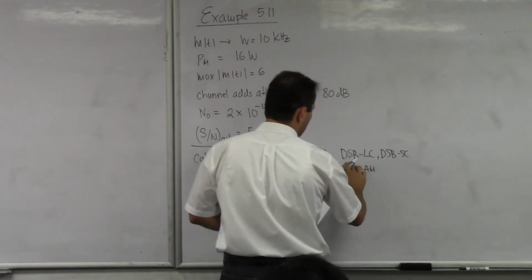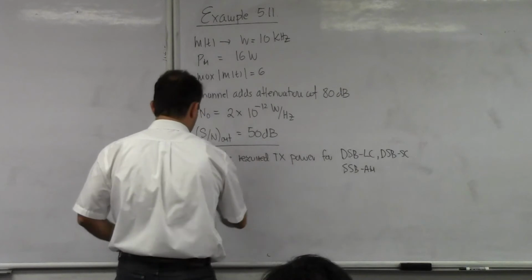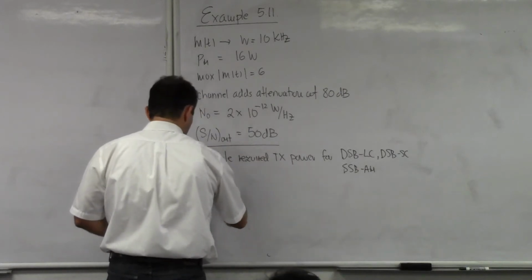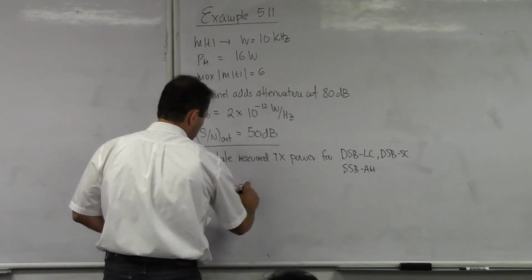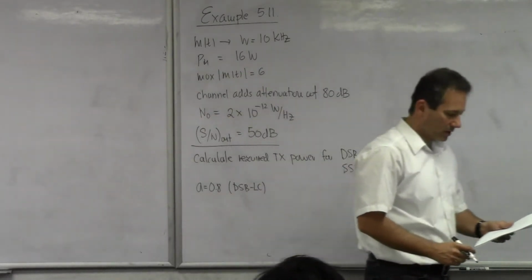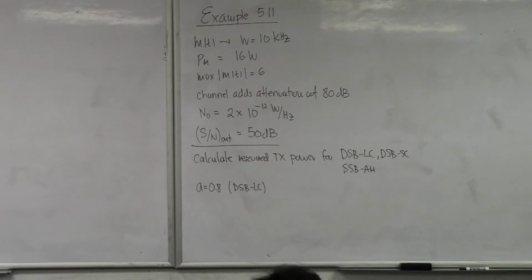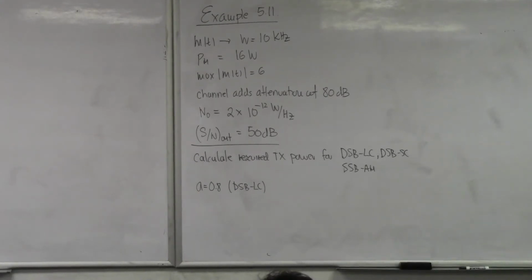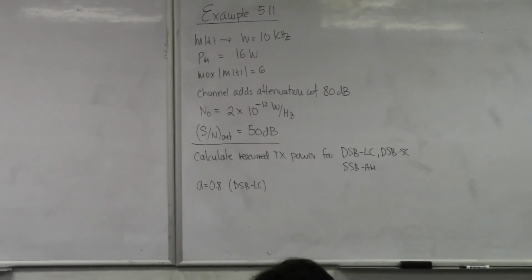For double sideband large carrier, a is equal to 0.8. So what we are asked here is to compare these and understand what their transmit power requirements are in this case.